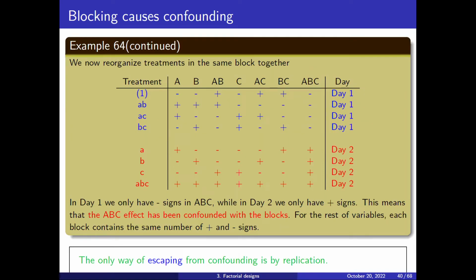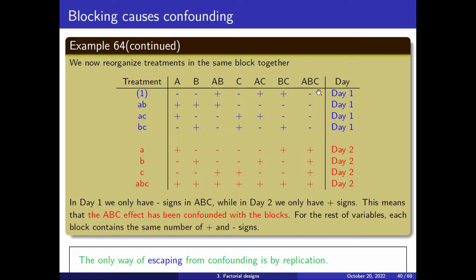So let's rearrange the treatments by colors. We put all of them in day 1 together, all of them in day 2 together. And what we see is that, for instance, this ABC has the same sign here and the opposite sign there. So we have confounded the ABC.